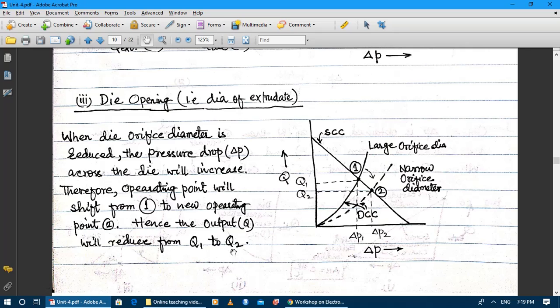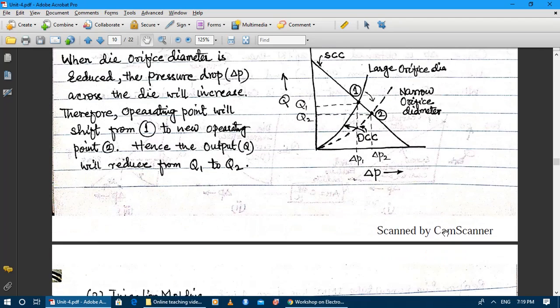Hence, the output Q will reduce from Q1 to Q2. So we can see that by narrowing the orifice diameter, the output will decrease, whereas the pressure drop will increase.